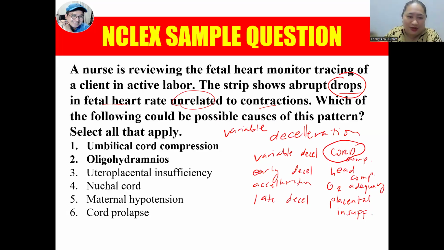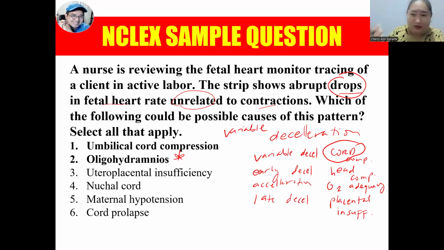Guys, usually this is missed. If your amniotic fluid volume is low, okay, what happens? And the child moves about. So there is a tendency that the umbilical cord will be compressed. Do you get it? And they miss this.